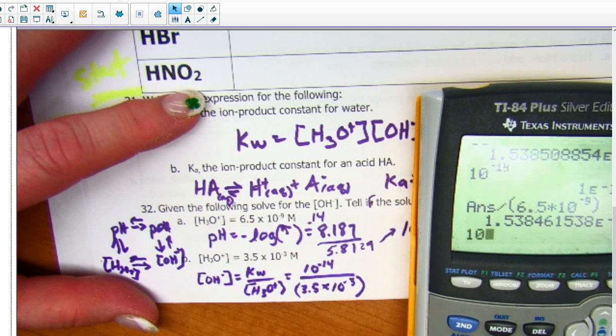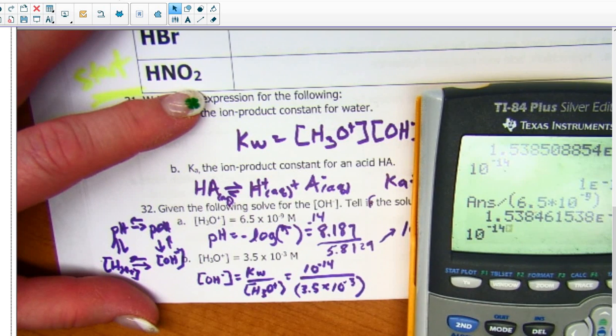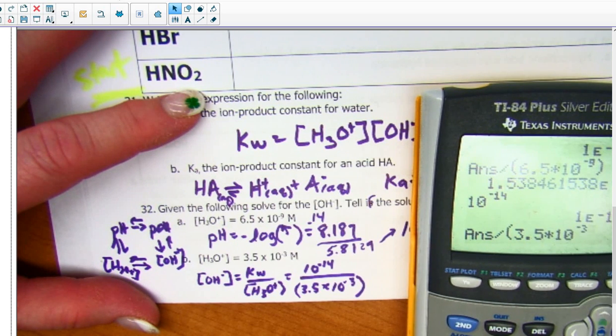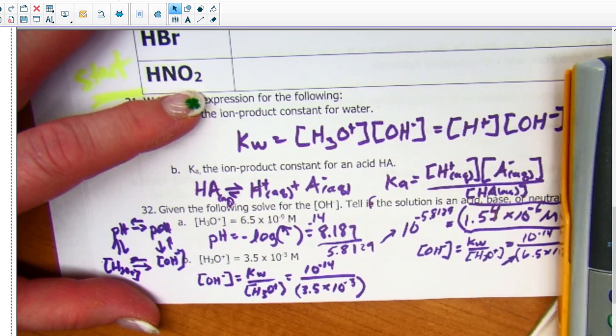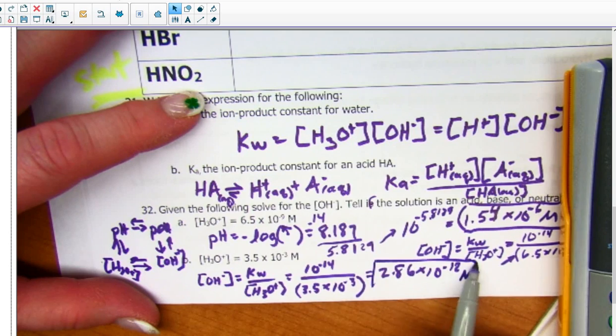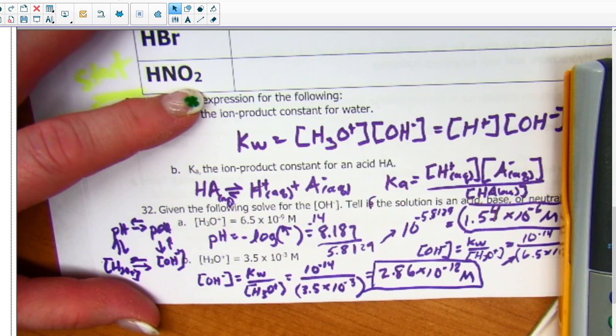So 10 to the negative 14, enter, then divide, parentheses, 3.5 times 10, exponent negative 3, come down, close parentheses, enter, and I get 2.86 times 10 to the negative 12 molar. And that would be my answer.